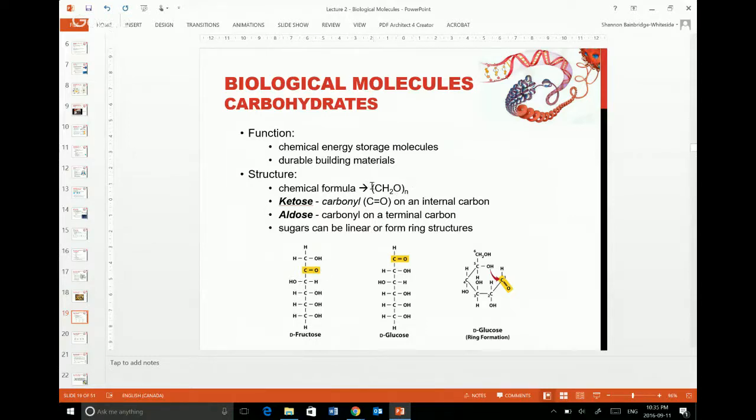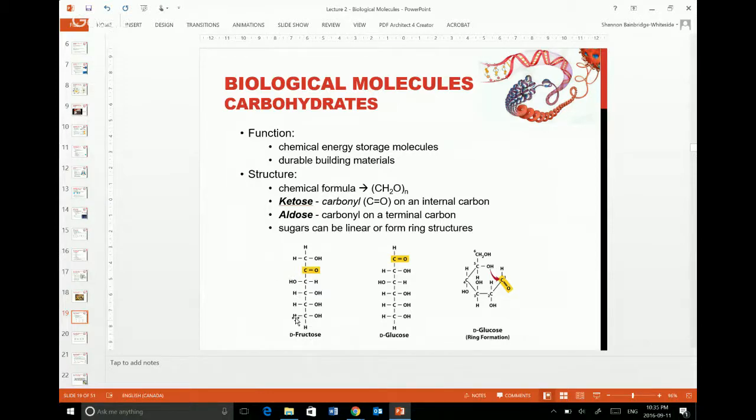This repeats itself over and over, anywhere from 2 to 7 carbons in length. There are two primary structures you're going to see. Somewhere within the sugar molecule, you'll have a carbonyl group, which is a carbon double bonded to an oxygen. If that carbonyl group is found within the sugar, that makes a ketone, and we call this a ketose sugar.